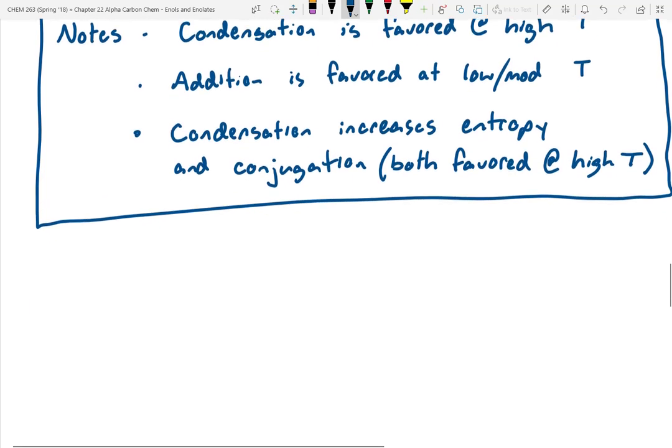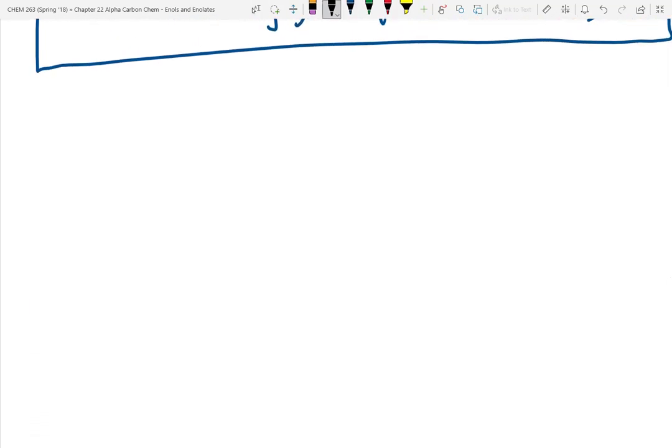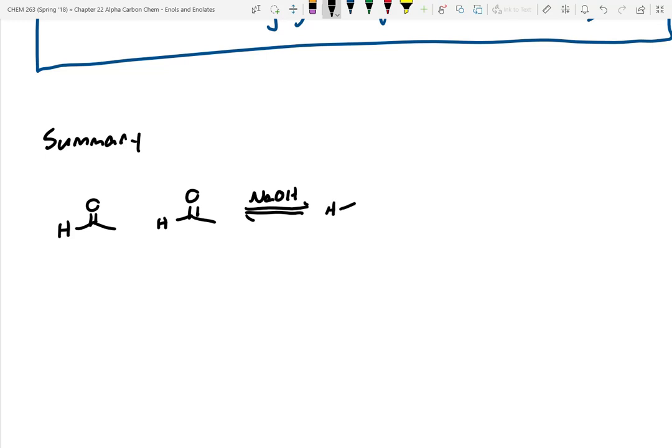All right, so let's briefly make a summary because this does confuse students every year. If you have your aldehyde, and I'm just going to draw it twice to emphasize what's going on here, you can make your beta hydroxyaldehyde.